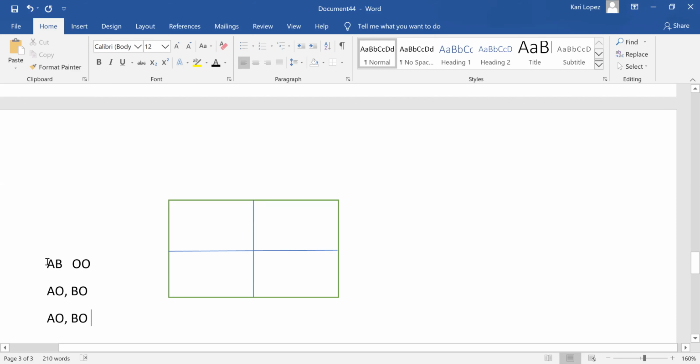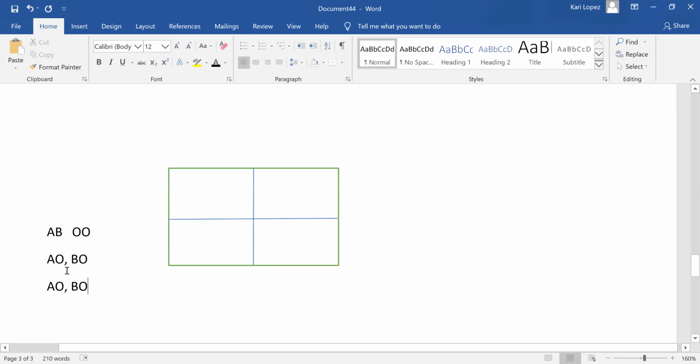So if you had these parents, a group AB and then a group O, you would get either 50% of them are group A and 50% are group B, and they're all heterozygous, but you couldn't get a group O child out of it. But you could have a group O parent.